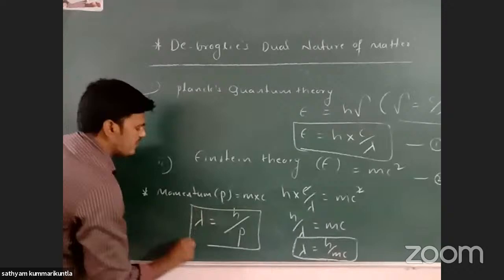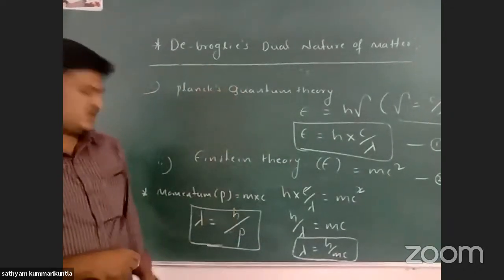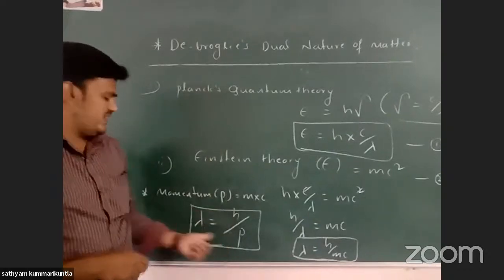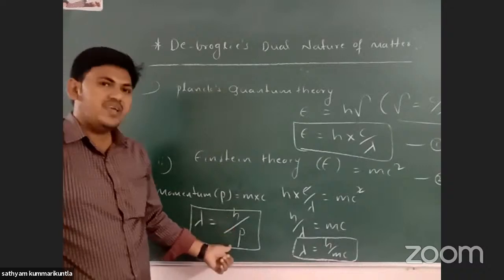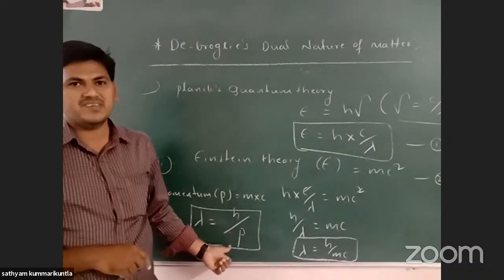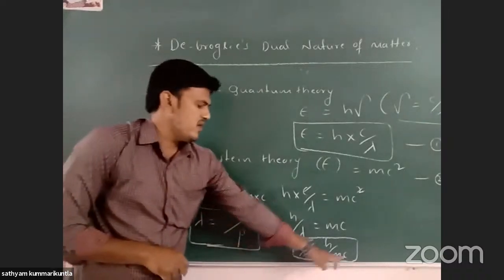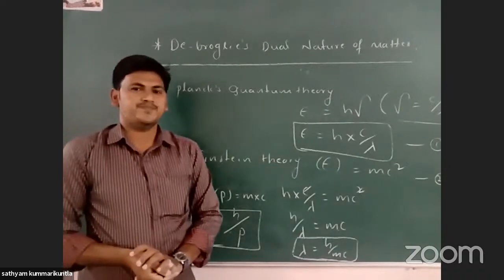This is de Broglie's equation: lambda is equal to h by p. Here lambda is wavelength, h is Planck's constant, and p is momentum, which is mass m into velocity c. This is de Broglie's wave nature of matter.